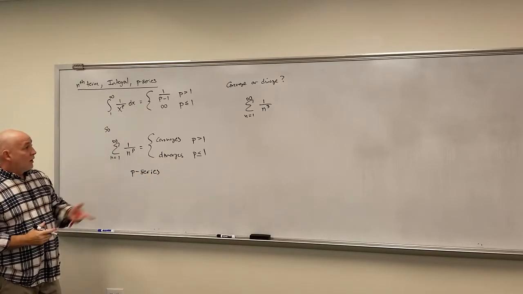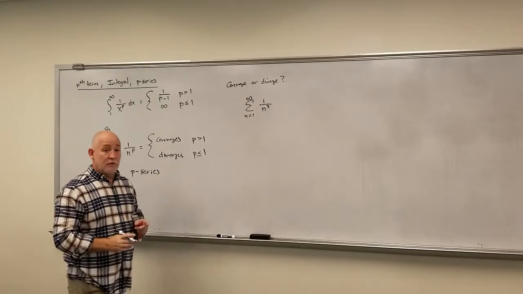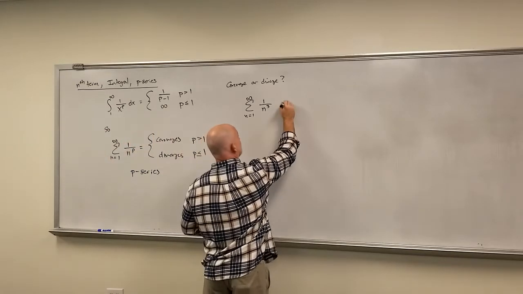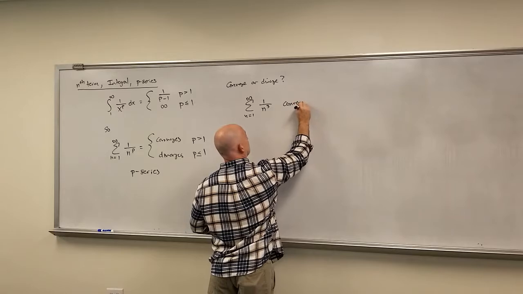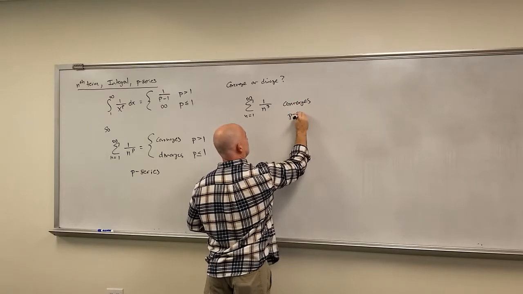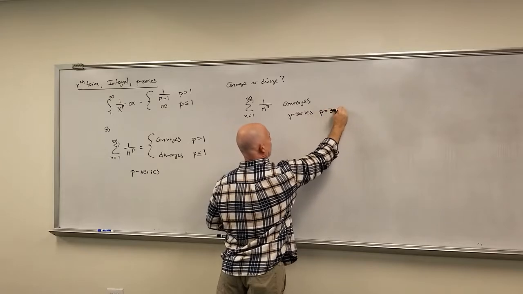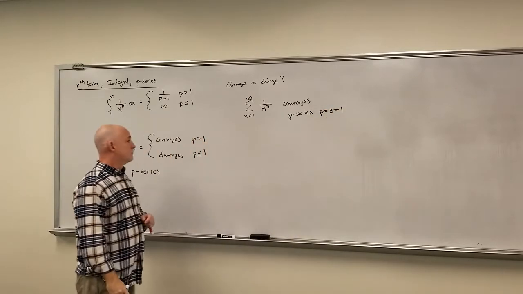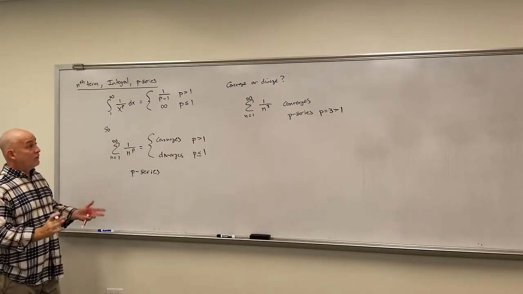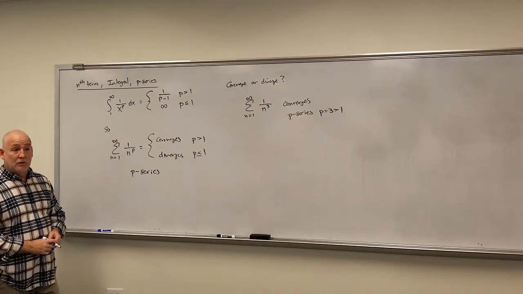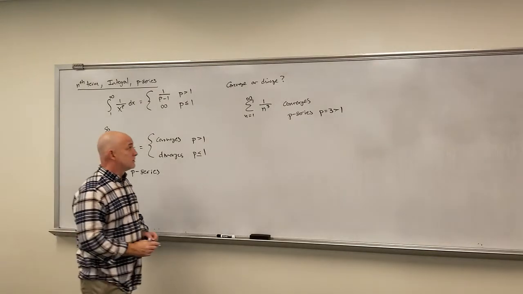So p series. All you have to do to say whether or not this converges or diverges is say this converges because it's a p series. p equals 3, which is greater than 1. That's it. That's all the amount of work that you have to do when you're looking at p-series.